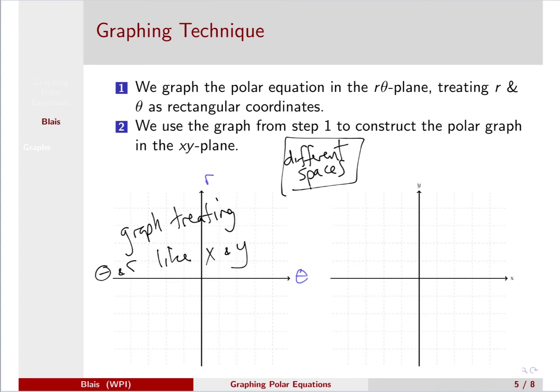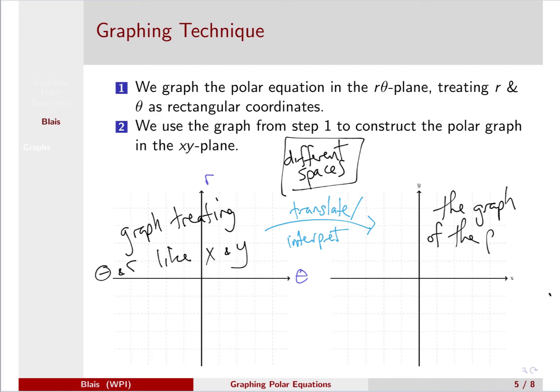Then we look at that and we use the information there to translate and interpret. And over here, we interpret the information from this r theta space to the graph of the polar equation in the xy plane.